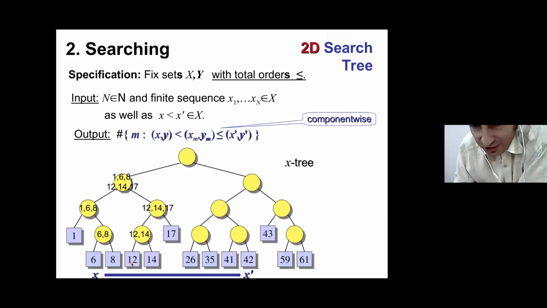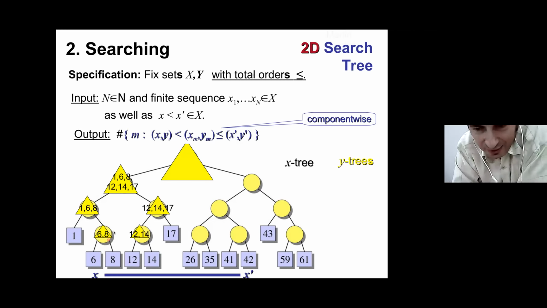Now what you do is you do not store the elements themselves, but you store in every node a 1D search tree, in which all these leaves are featured, but the search tree itself is structured with regard to the Y component. Okay, so you have a binary tree whose non-leaf nodes are themselves binary trees.